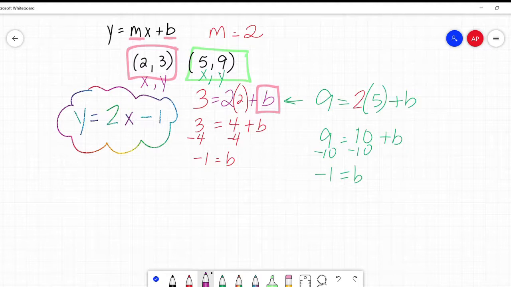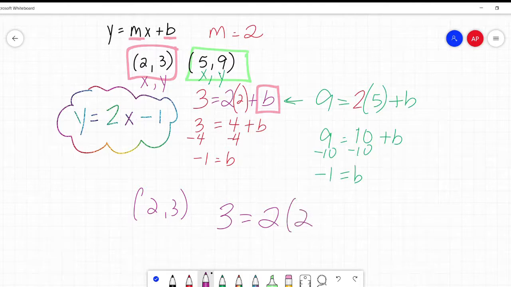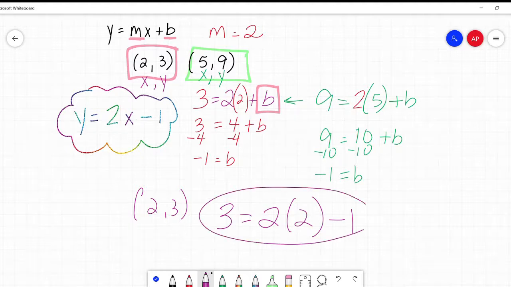Let's say I used the point 2, 3, so then I plug in 3 for y, 2 for m, 2 for x, and then -1 for b. Okay, no. This right here is just showing that 3 and 2 work in this line.